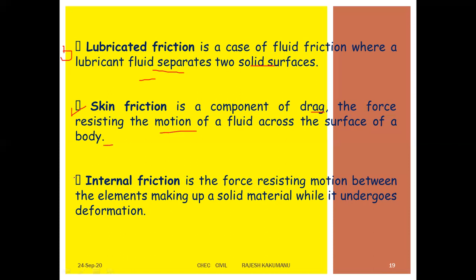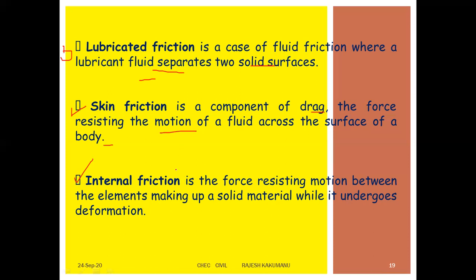Next, internal friction. It is also the force resisting the motion between the elements making up a solid material where it undergoes a deformation. So whenever the solid material is undergoing a deformation, before undergoing a deformation, it goes through some sort of internal deformation. Then only does it undergo a deformation, right?